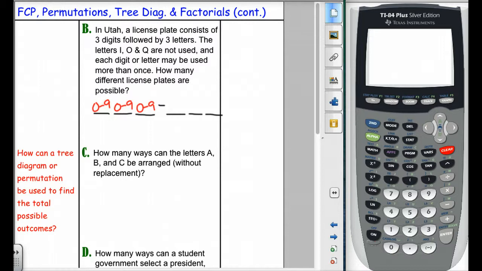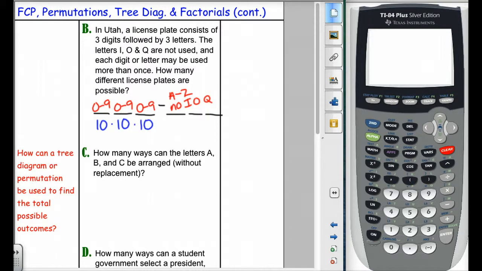And then we have the letters A to Z with no I, O, or Q for all 3 of these. So then we need to look at how many options are there in each spot. So 0 to 9, that's 10 options. 0 to 9 is also still 10 options, 10 options.